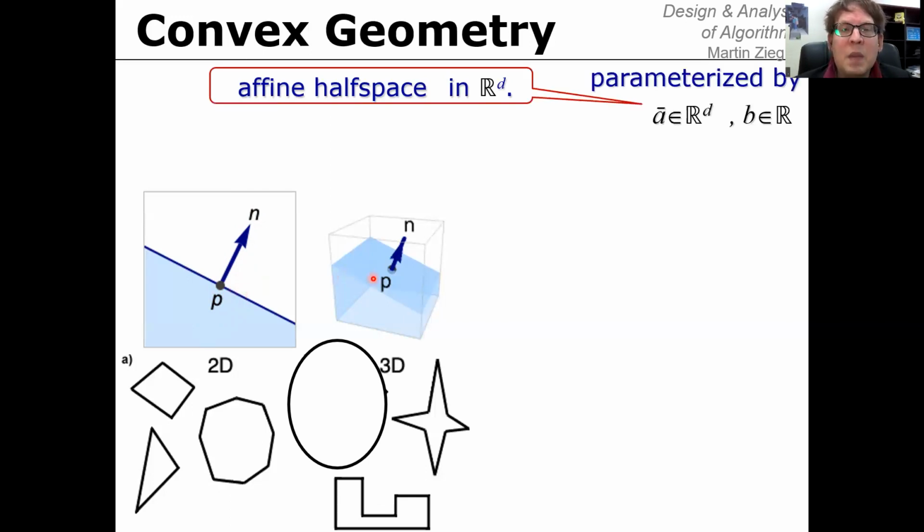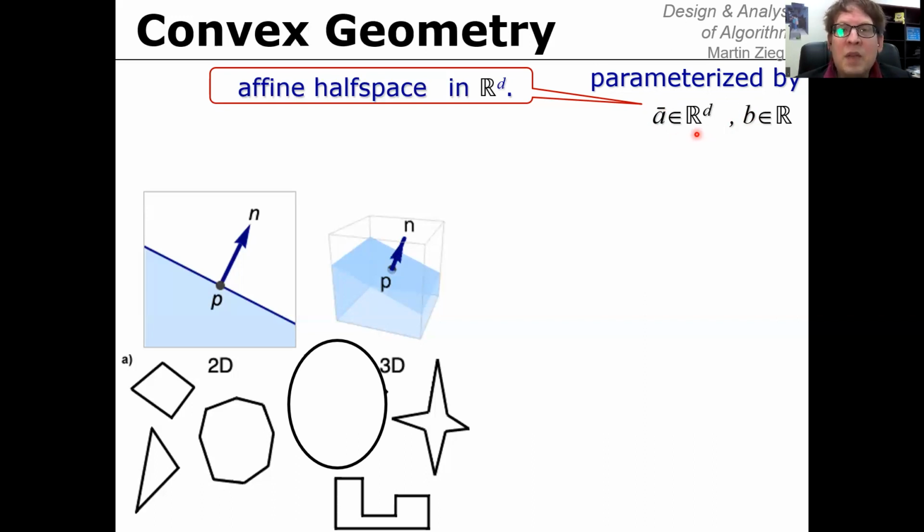Mathematically, this means we have two parameters: an orthogonal vector, not necessarily normalized, that we call A, and an offset B that describes the distance of the point in the plane to the origin if A is normalized.